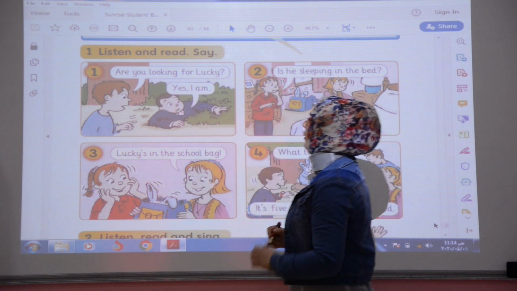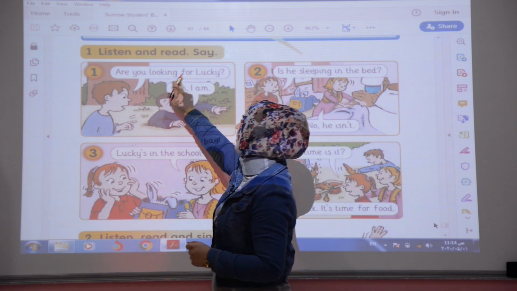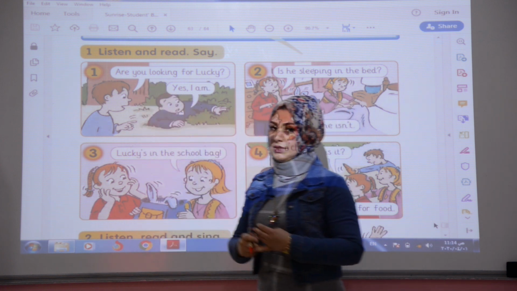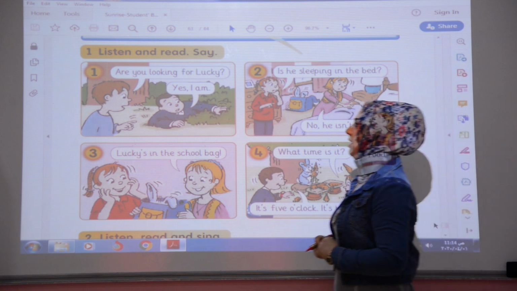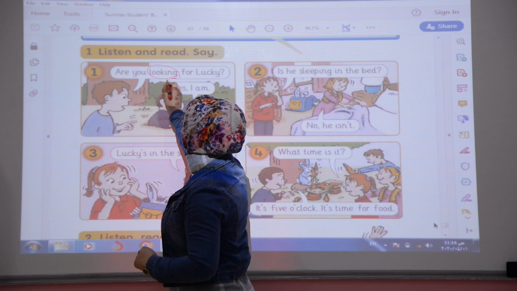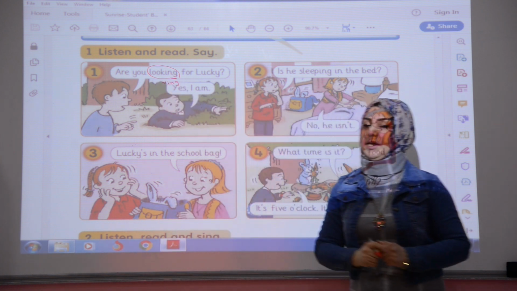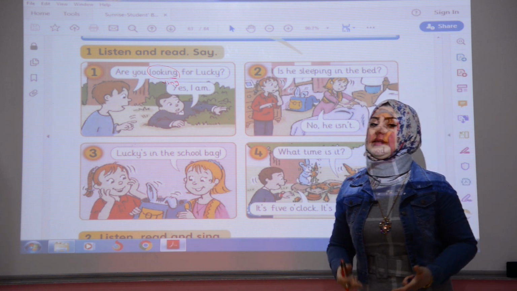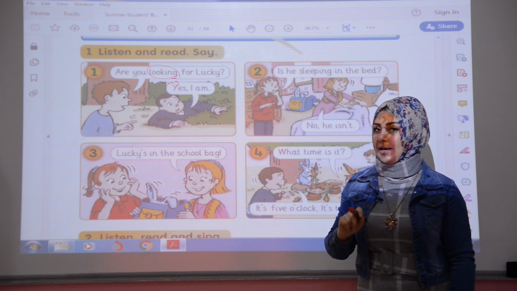Are you looking for Lucy? Who can tell me about this question? Is it present simple or present continuous? You should say that we have looking. We have verb ing. It means that if we have verb ing in the sentence, this sentence is present continuous, okay?